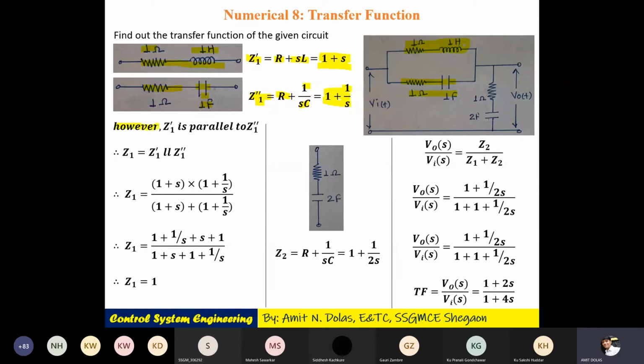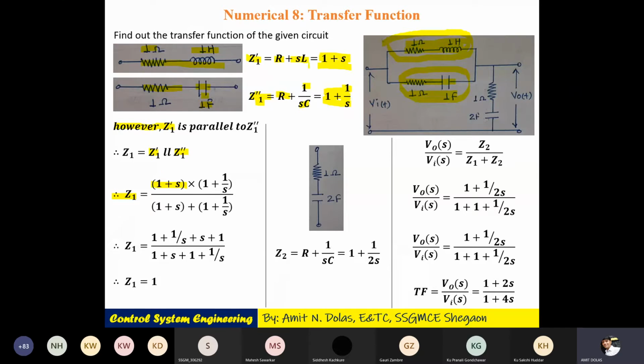Then, Z1 dash and Z1 double dash are in parallel. So I'll do the parallel combination here. Z1 is nothing but Z1 dash into Z1 double dash divided by Z1 dash plus Z1 double dash.